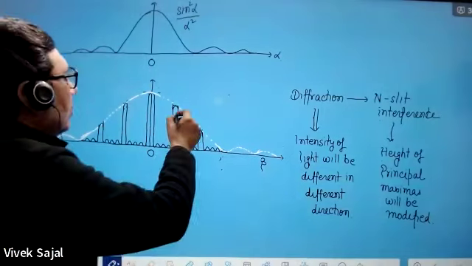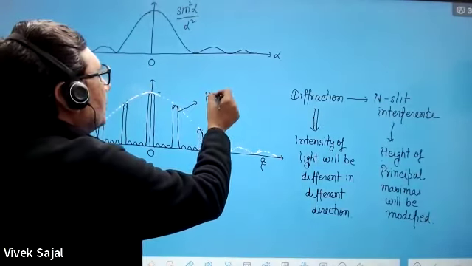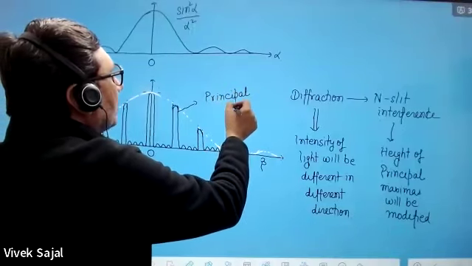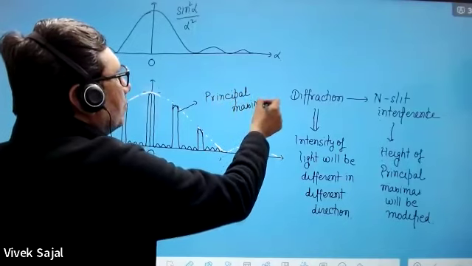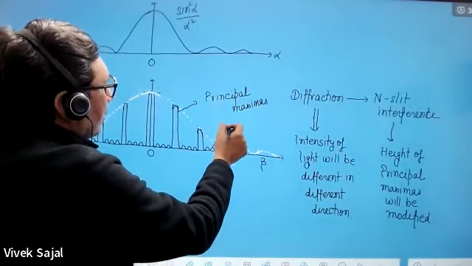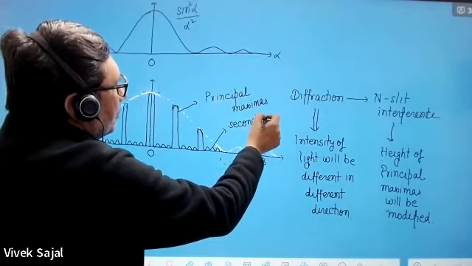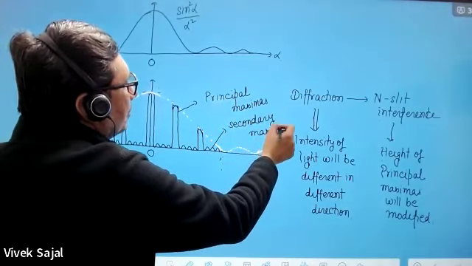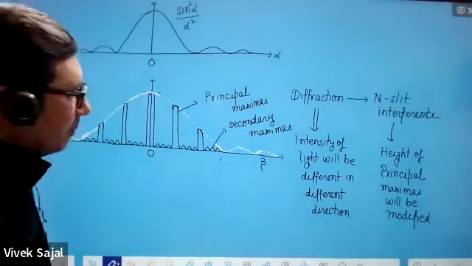So here two types of maximas are there. These are called principal maximas. And these are called secondary maximas, because their height is very less as compared to principal maximas.